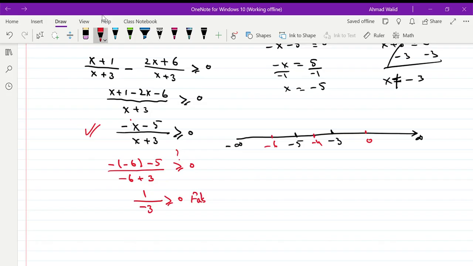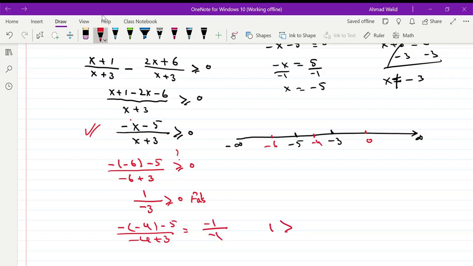Plug in negative 4. It will be negative 4 minus 5 over negative 4 plus 3, which gives you negative 4 is positive 4, minus 5 gives you negative 1, correct? And negative 4 plus 3 gives you negative 1. Negative 1 over negative 1 gives you 1.